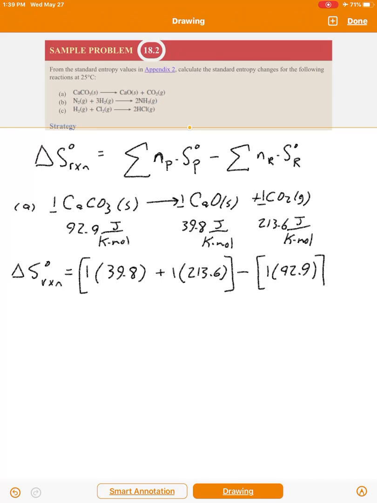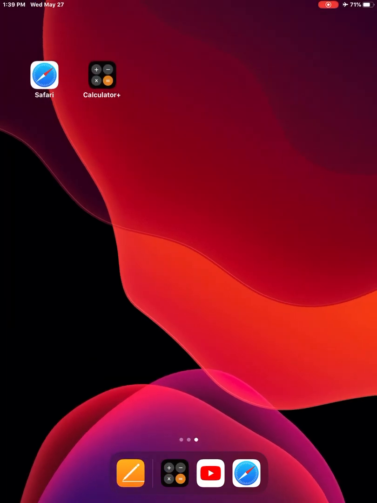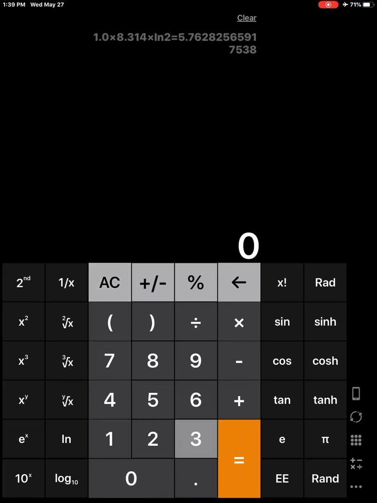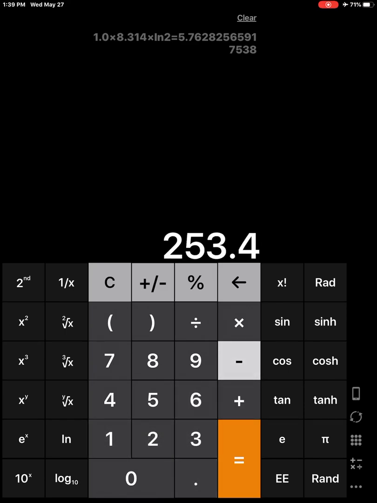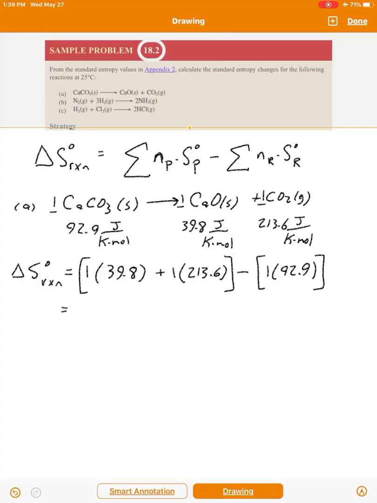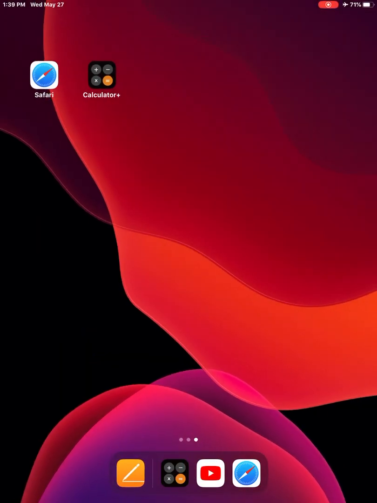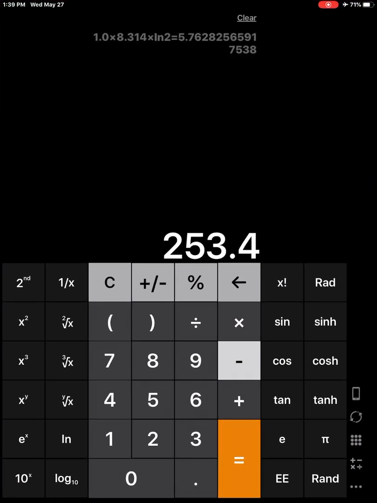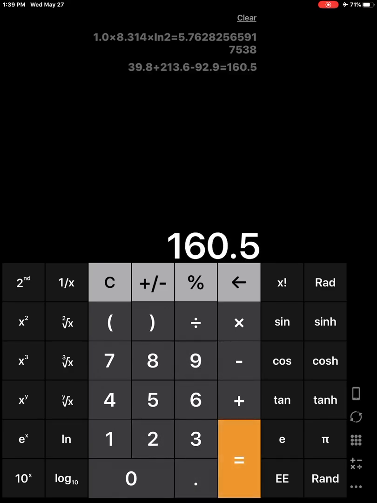So products minus reactants. So that's 39.8 plus 213.6. And then we're going to subtract from that 92.9. And you get 160.5.